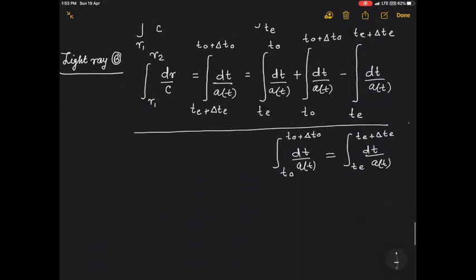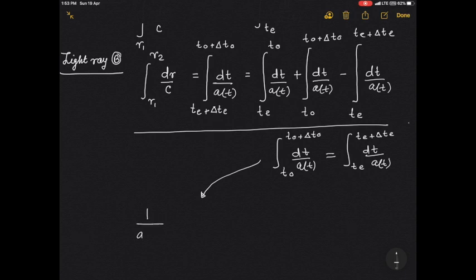That you can imagine. So in that case, I can assume that when I'm doing this integral, this a(t) can come out of the integral, but I have to consider the value of a(t) at t equals t0 here.